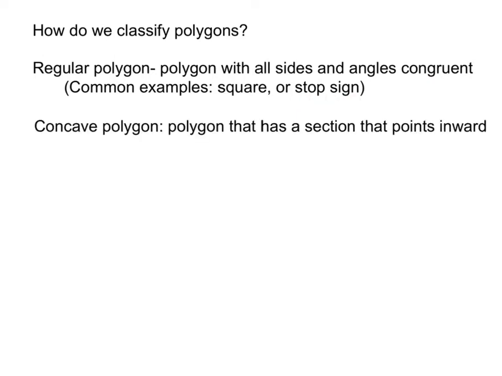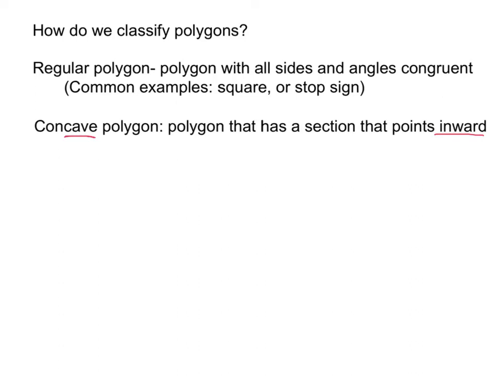The second term we have is a concave polygon. It's a polygon that has a section that points inward. Try to make the connection between the word inward and cave. You know, a cave as normal, where you can go into a cave, and therefore a concave polygon points inward.